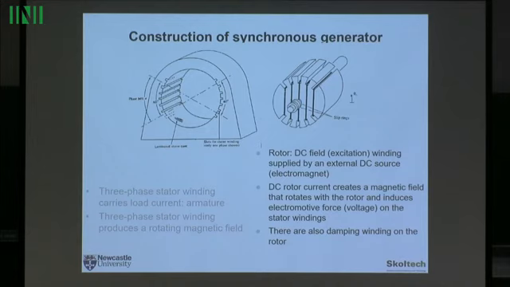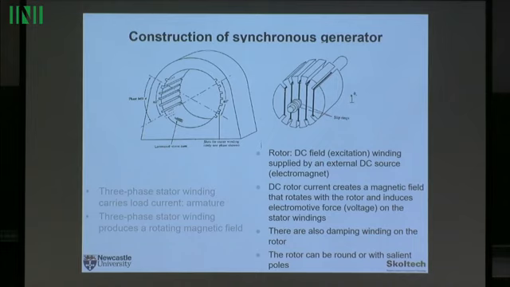Additionally, which are not shown here, there will be so-called damper windings, which try to prevent oscillations. I showed you the swing equation, there will be some oscillations, and the damping of those oscillations will be provided by additional windings on the rotor.